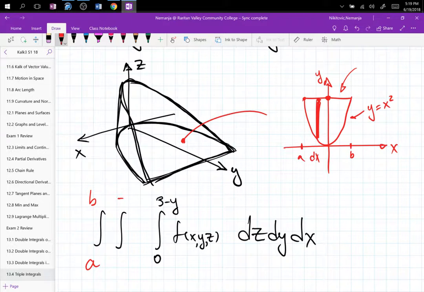And I need this straight line for the top. And I know this one on the bottom is x squared. So this rectangle moves from A to B. I need to find those, but in order to find those, I have to have the straight line on top.